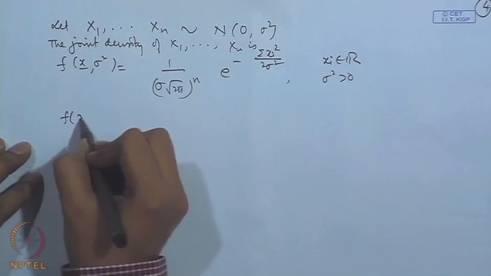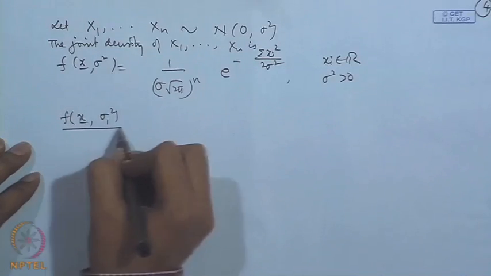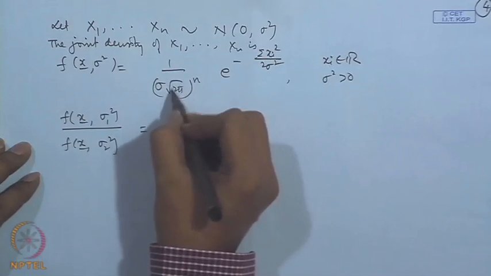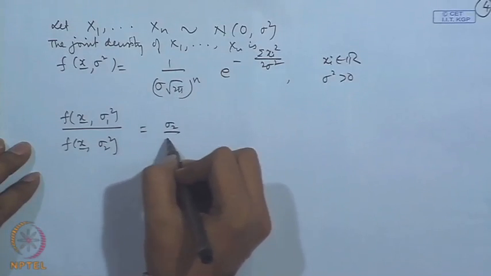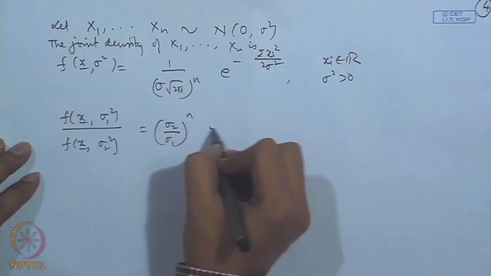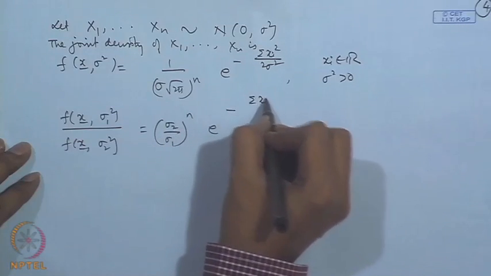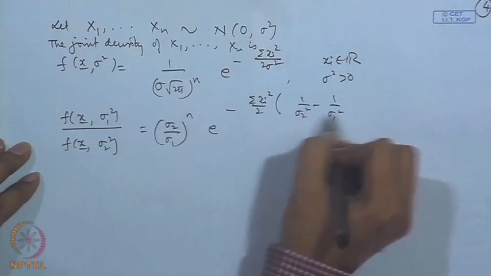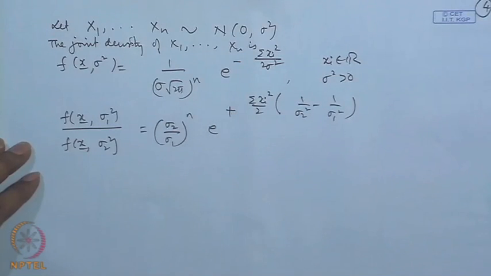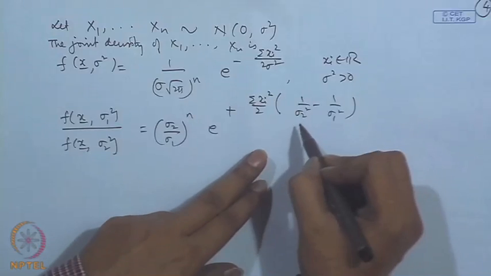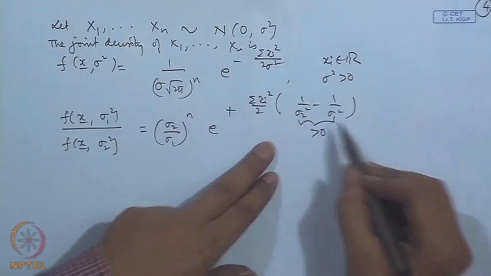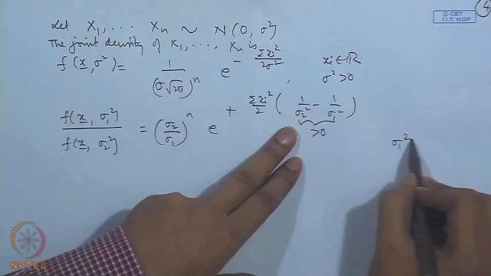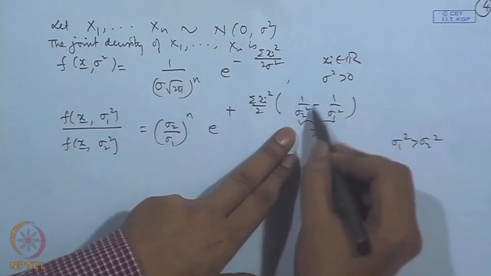So, when we write down the ratio, now this term gets cancelled out, we will get sigma 2 by sigma 1 to the power n, e to the power minus sigma x I square by 2 times (1 by sigma 2 square minus 1 by sigma 1 square). So, this I will put plus here. Once again you note here, if sigma 1 square is greater than sigma 2 square, then this term becomes positive.